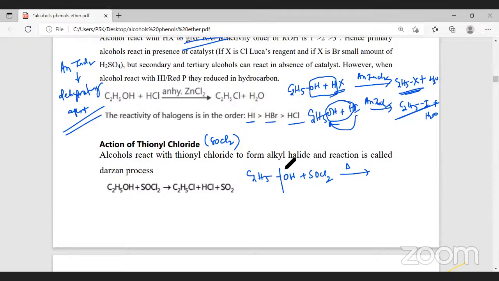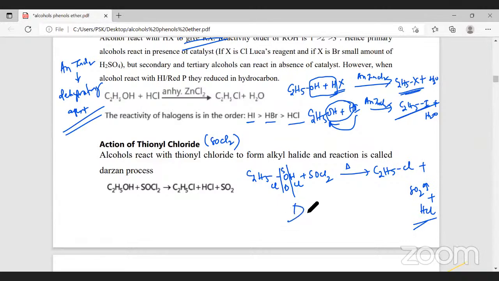The bond between hydrogen and oxygen also breaks. There are 2 chlorine atoms. One chlorine atom reacts with H to form HCl. The second chlorine atom reacts with carbon to form the product C2H5Cl. The leftover sulfur and oxygen react with this oxygen, and sulfur dioxide gas gets eliminated.